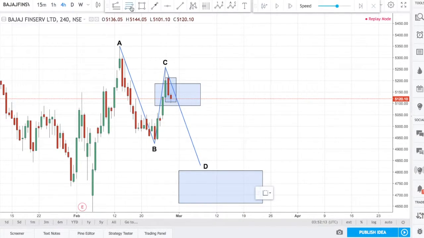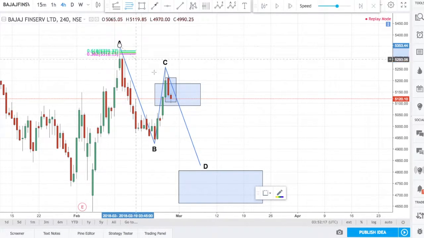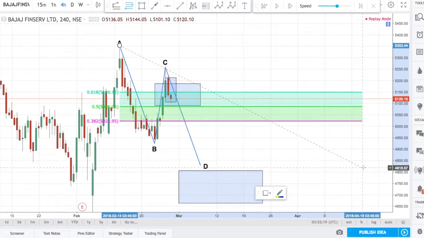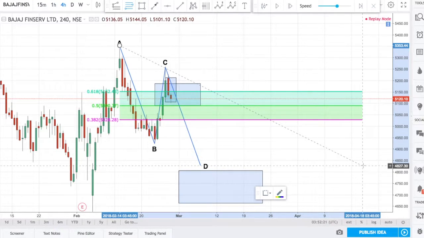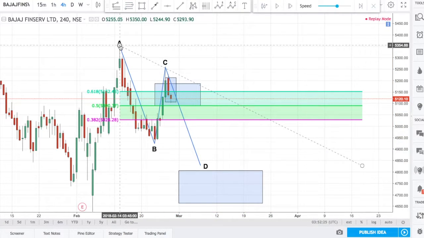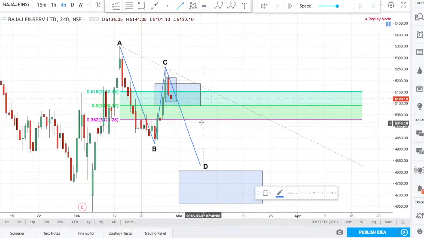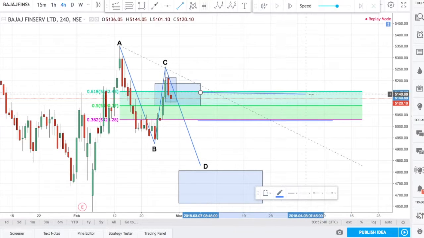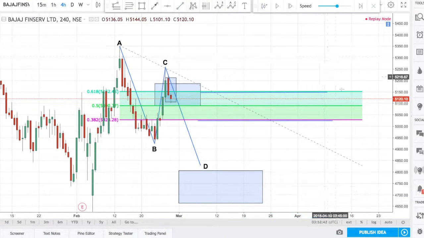Once we have the setup and the reversal zone in place, the next step is to mark our possible target areas. For that, pick our Fibonacci retracement tool and mark our target areas by pulling it from A to D. So 0.382 will be our first target and 0.618 will be our second target.